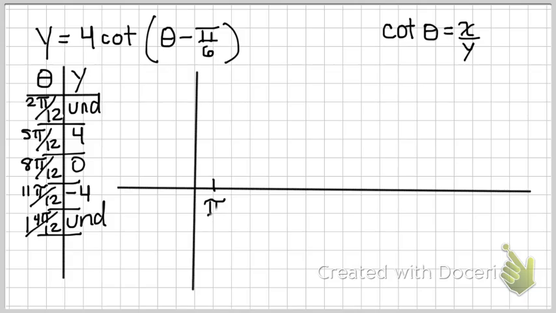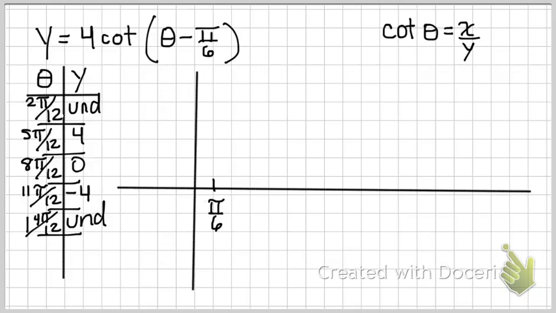So pi over 6, let's just make it twice as big and call this pi over 6. All right. Then in the middle of each of these is the pi over 12, right? So let's see if we can graph it.